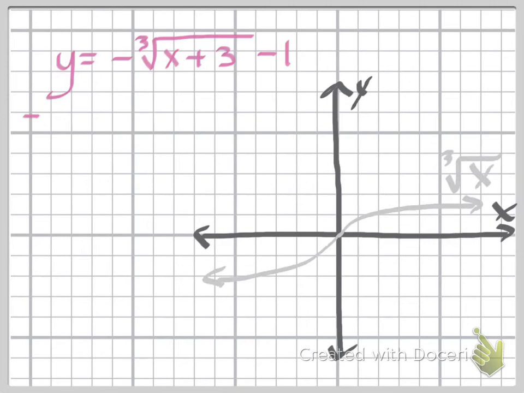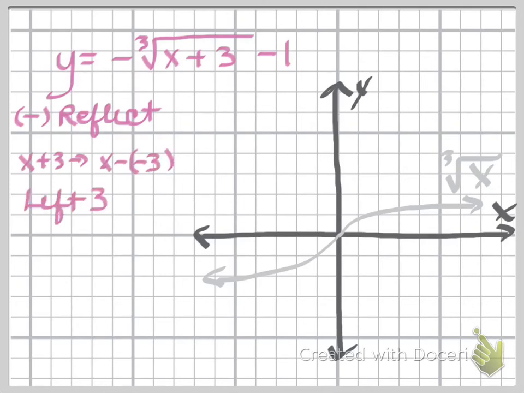This one has a little more going on. I can see the negative, and that's a reflection over the x-axis. Again, x plus 3 means it must have been x minus -3. So that's left 3. And the -1 is down 1. So I went 3 to the left. I went down 1 to give me my point.